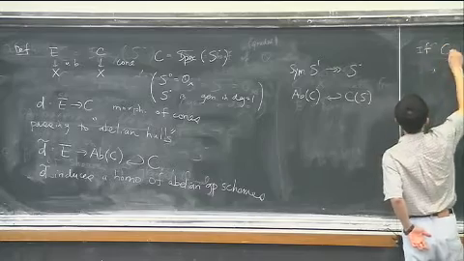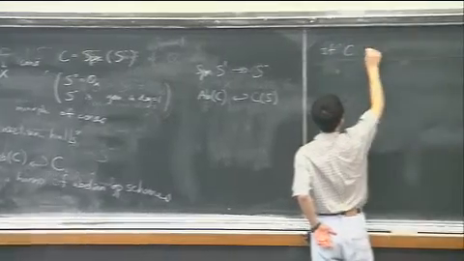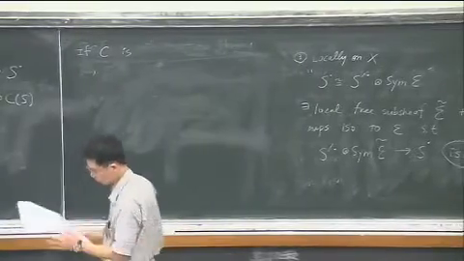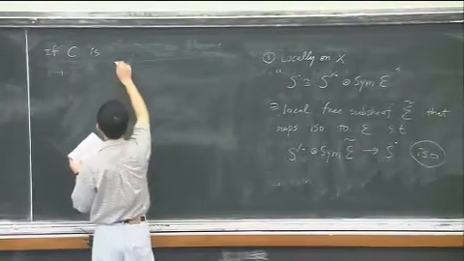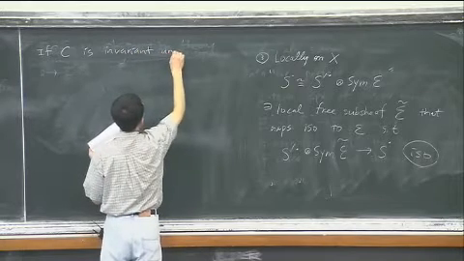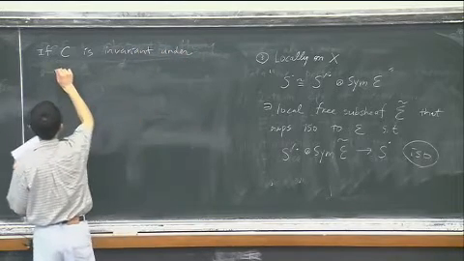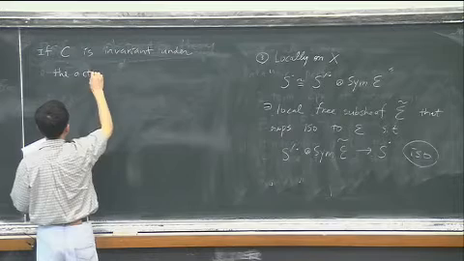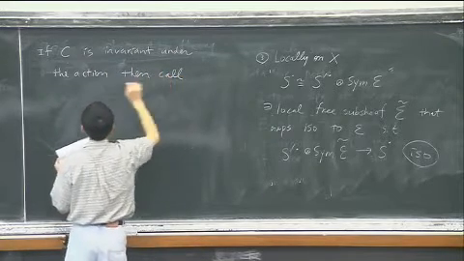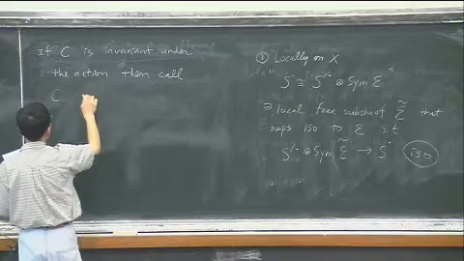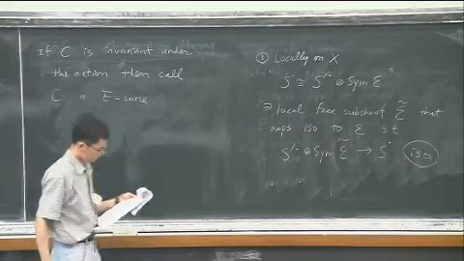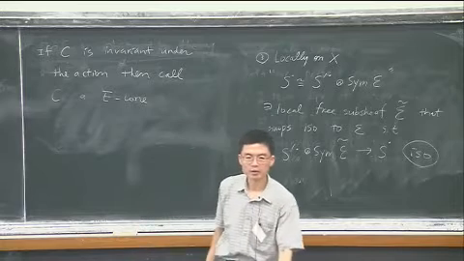If C is invariant under this action, then we'll call this C an E-cone. Does that make sense?